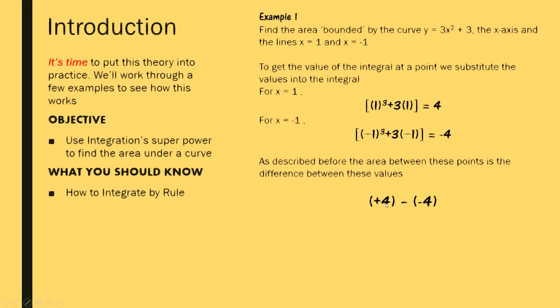So it's the difference between these values, so it's plus 4, take away minus 4. You'll notice that the minus becomes a plus, and plus 4 plus 4 gives us plus 8, and we usually write square units at the end if you want some units. And that is the answer to the area bounded by the curve y equals 3x squared plus 3, the x-axis, and the lines x equal to 1, x equal to minus 1.